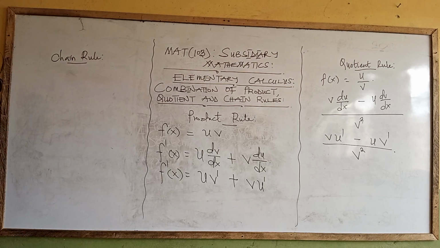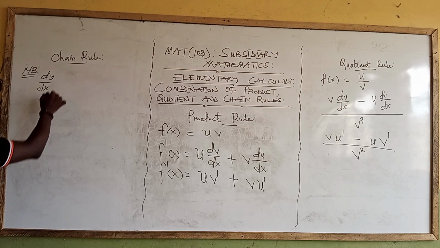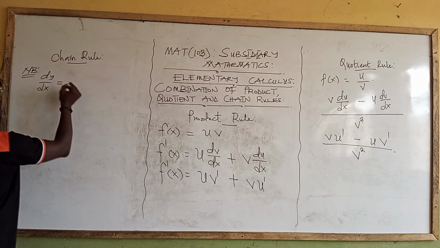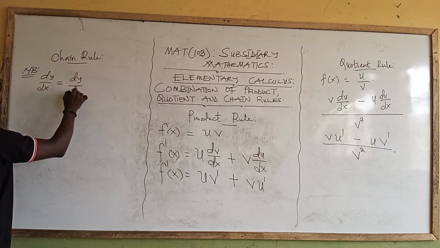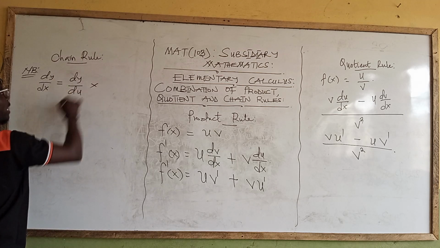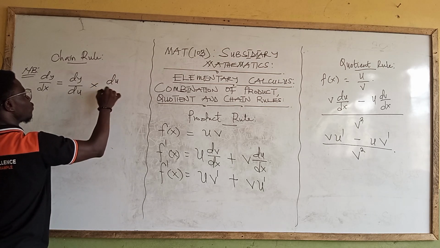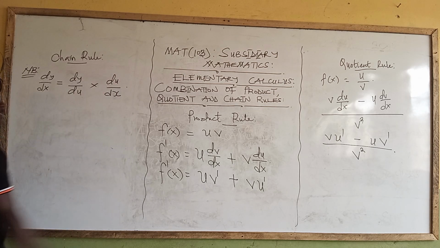If you want to apply the chain rule, take note that if I want to find dy over dx, which means I'm differentiating y with respect to x, it must be equal to differentiating y with respect to u, times differentiating u with respect to x. So that's the chain rule.